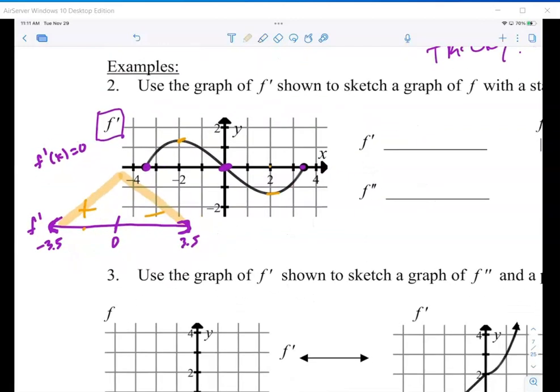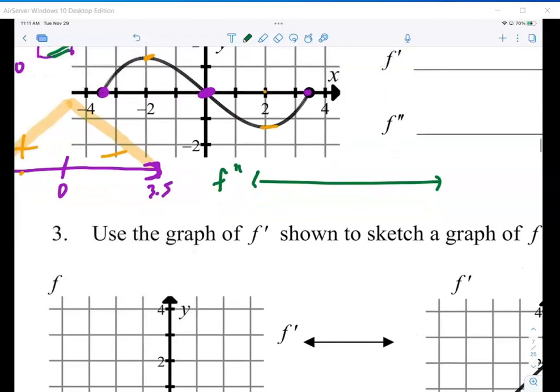Now, I am going to make a sine line graph of the second derivative by looking at the graph of the first derivative. Whenever you do the second derivative like this, I want you to think the second derivative is simply the slope of the first derivative.